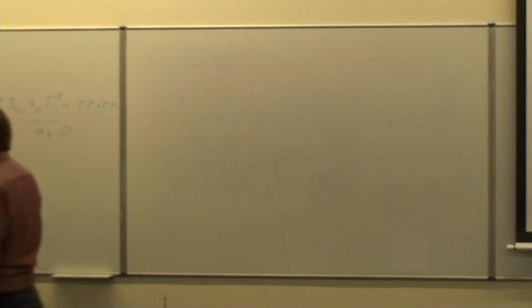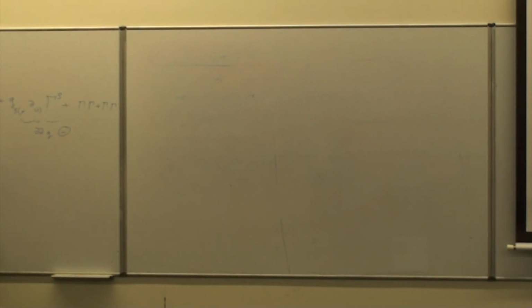Okay, so we're playing this game here, and then we're substituting gamma rho equals h into our equation up here.